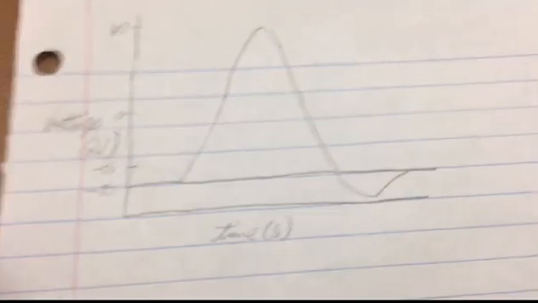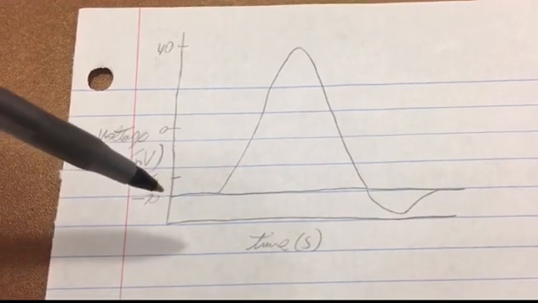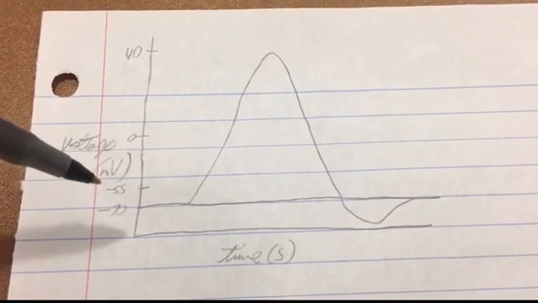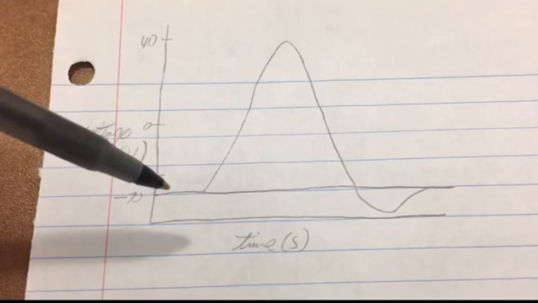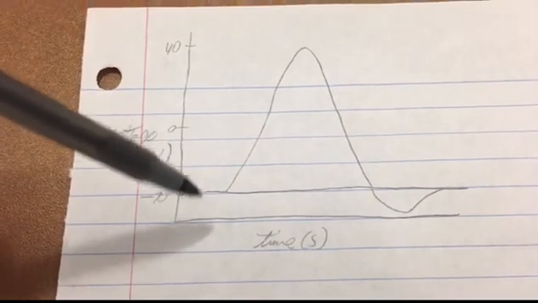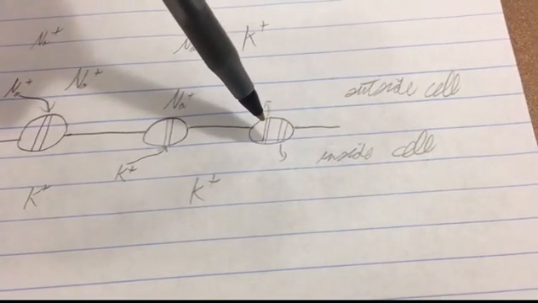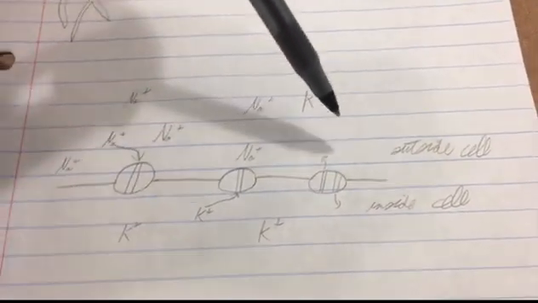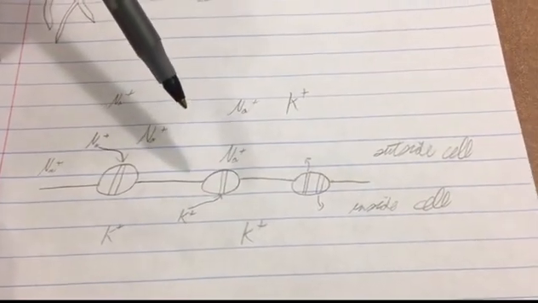So what happens during an action potential is that usually a cell's resting potential is around negative 70 millivolts, and at around this membrane potential, the only thing open is the sodium potassium channel, which pushes more sodium out and pushes potassium in by passive transport.